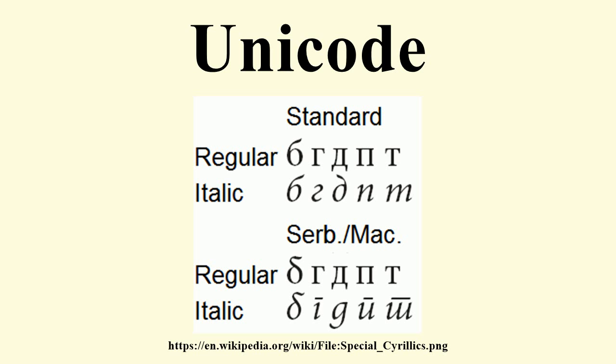There are three private use areas in the Unicode code space. Private use area, U+E000 to U+F8FF. Supplementary private use area A, U+F0000 to U+FFFFD. Supplementary private use area B, U+100000 to U+10FFFD.